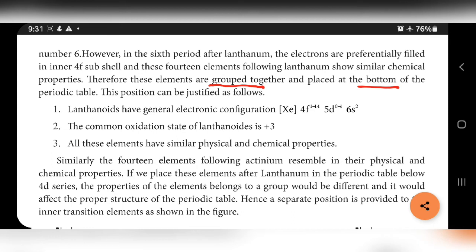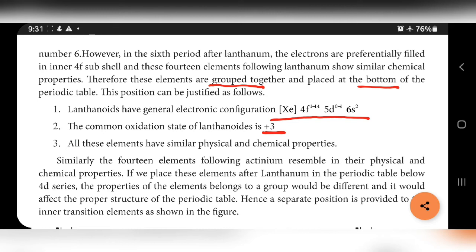First, lanthanoids have a general electronic configuration: xenon 4f1-14 5d0-1 6s2. Electrons are filled in the 4f orbital only, from 4f1 to 4f14, and the common oxidation state of lanthanoids is +3.